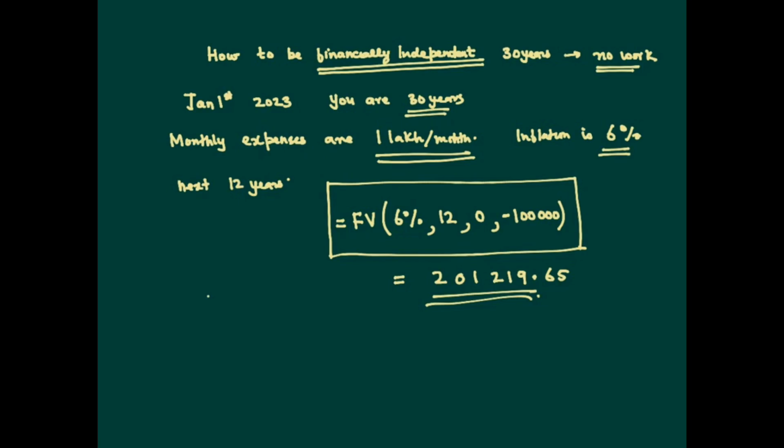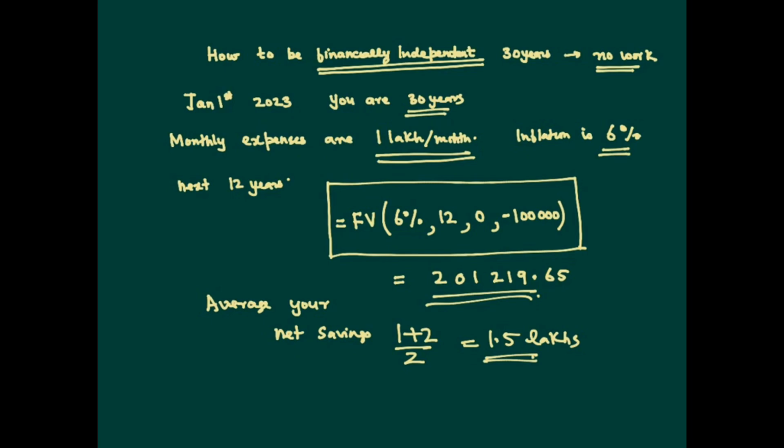So I'm going to say that on an average, your net outflow, your net savings should be 1 plus 2 by 2, say around 1.5 lakhs starting from January 2023.